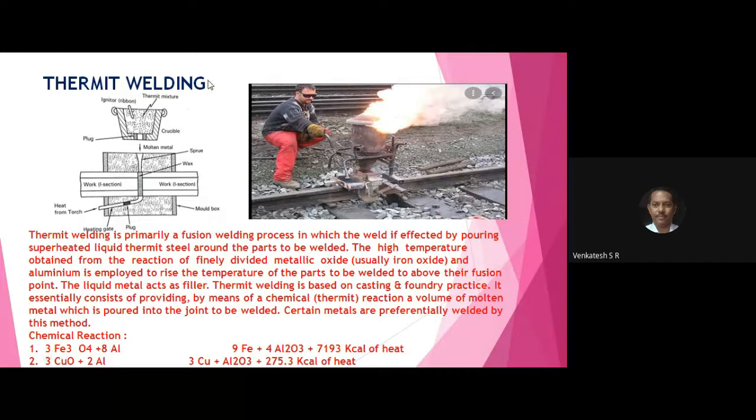So all of you please write down the question. Explain briefly with neat sketch thermite welding. Put a question mark.